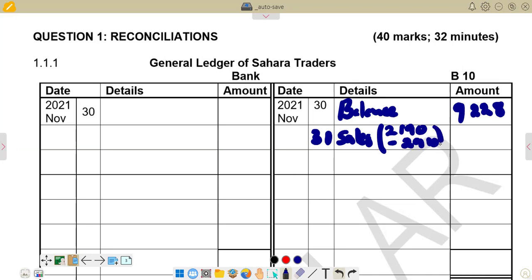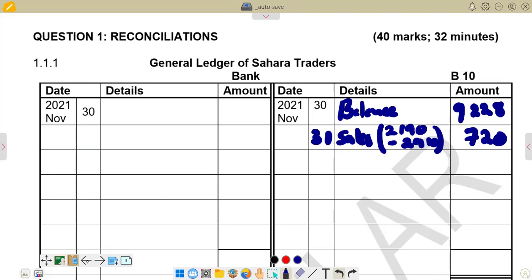Obviously, we're going to get a negative, but we're going to put it as a positive there. It's going to be 720. So if you subtract the two, you get your 720. So this is the correction that we are making in terms of updating the ledger of the bank account.